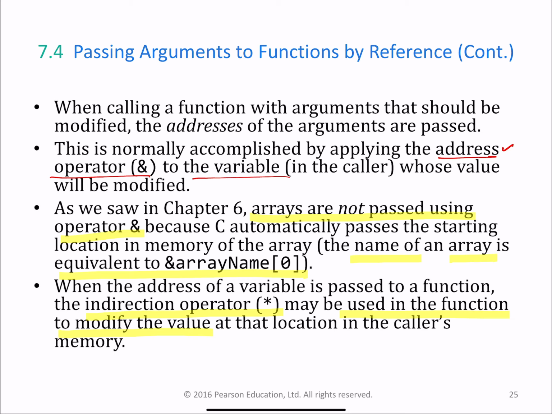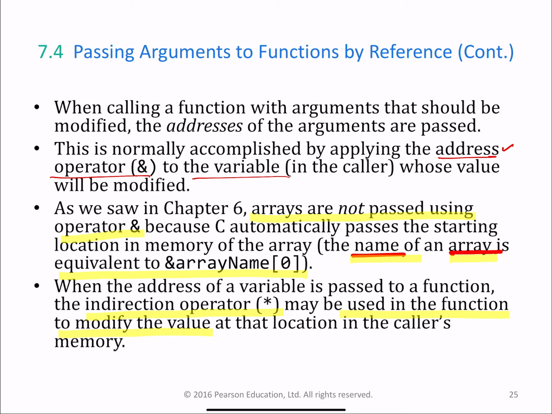Just one more note on arrays at this point. The same rule can be applied to arrays. Now, we have been passing arrays to functions by simply sending the name of the array, and that's perfectly fine. Please continue to do that.